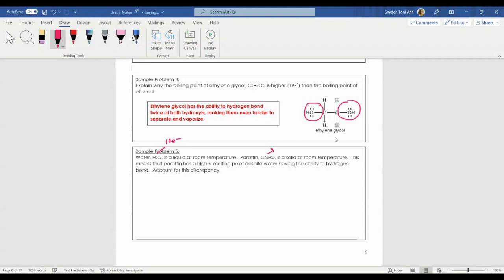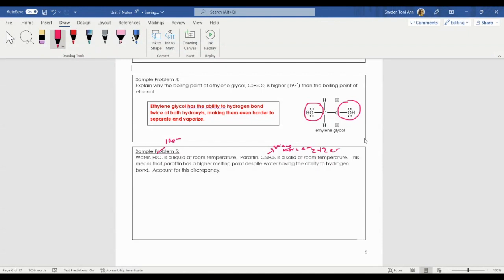Whereas paraffin, I don't even know how many it's got. It's got way more. Just write way more electrons. Okay, 6 times 30 is 180, plus another 62 gives us 242 electrons.